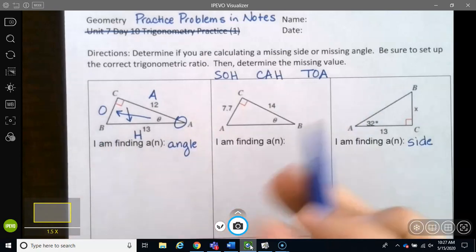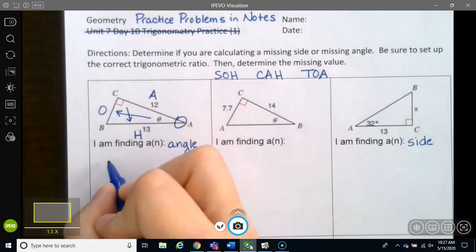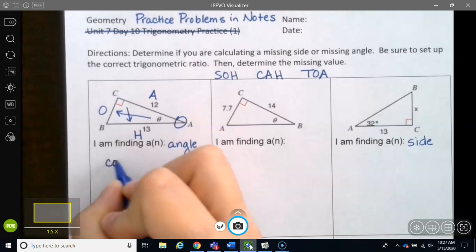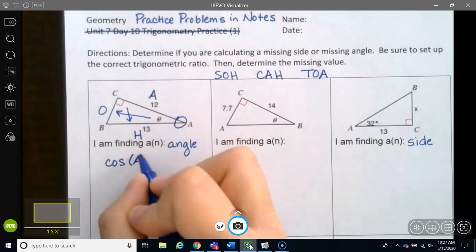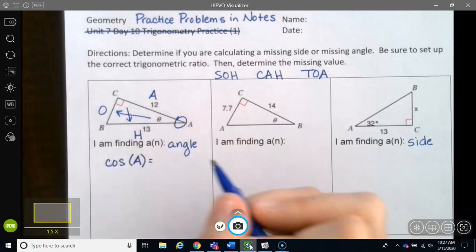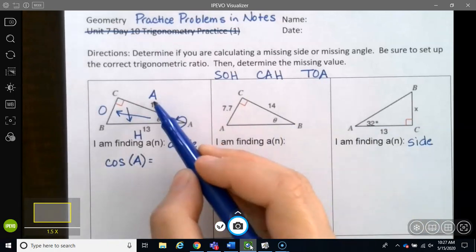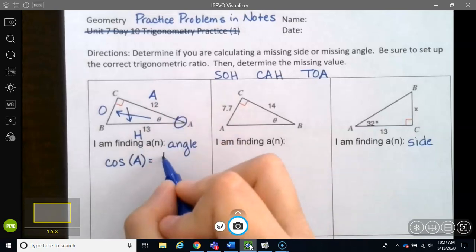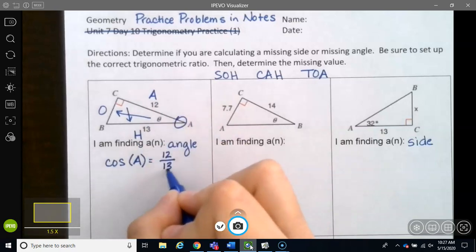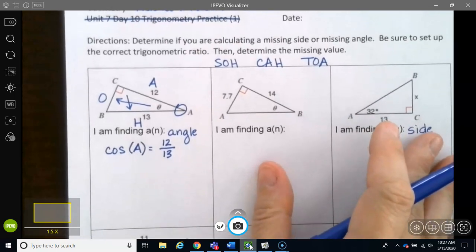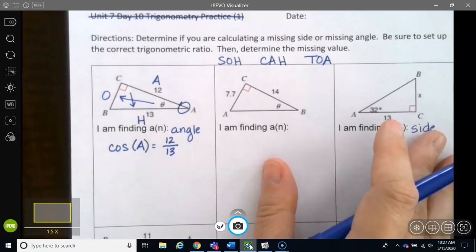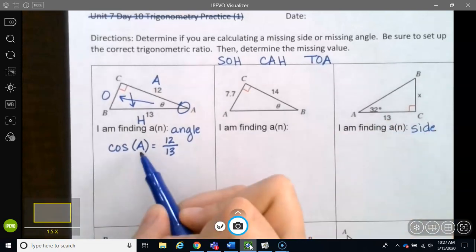So since we're using cosine, the cosine of our angle A, that's the one we're trying to find, is equal to adjacent side over hypotenuse. So it's equal to 12 over 13. Once you have your trig function set up, then it's all about getting that variable by itself. In this case, our variable is an angle.